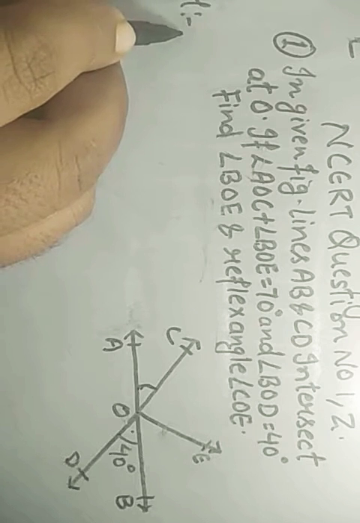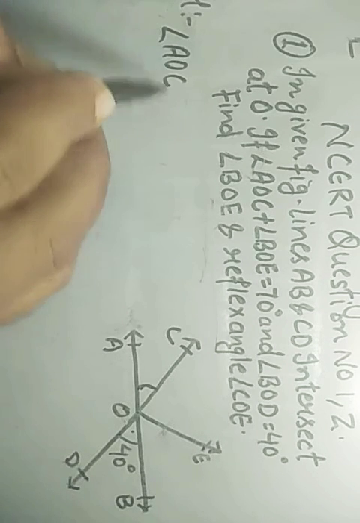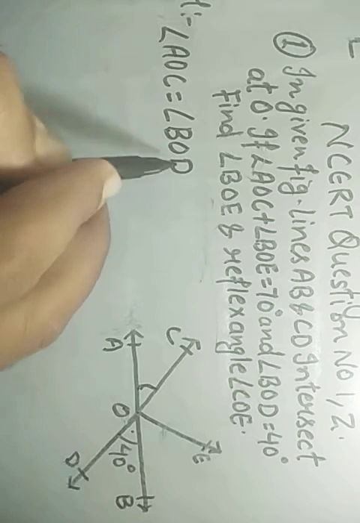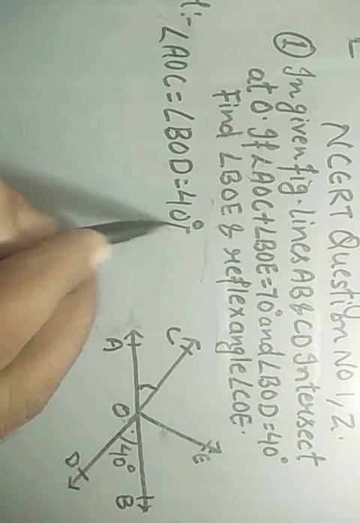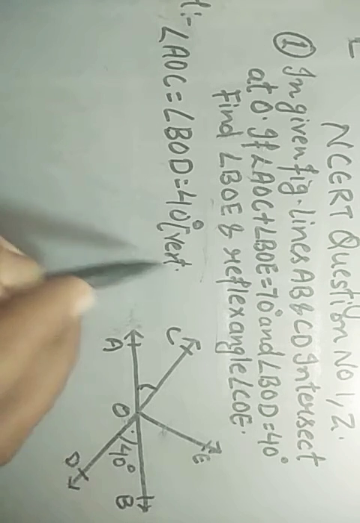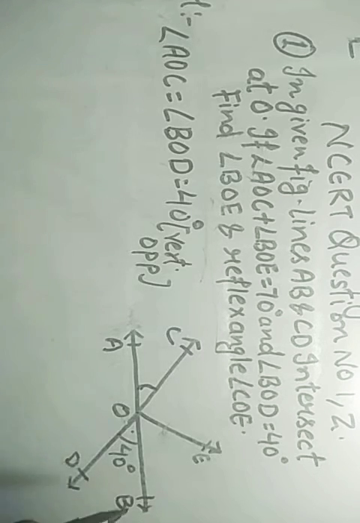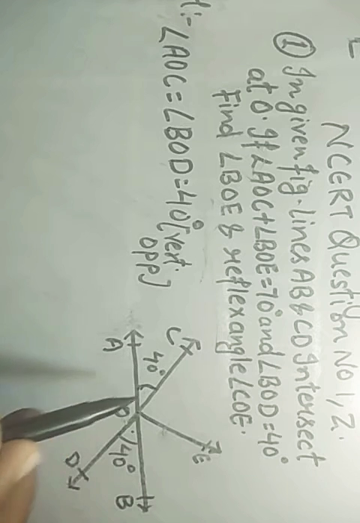We can write angle AOC is equal to angle BOD is equal to 40 degrees. Why are they equal? Because they are vertically opposite.